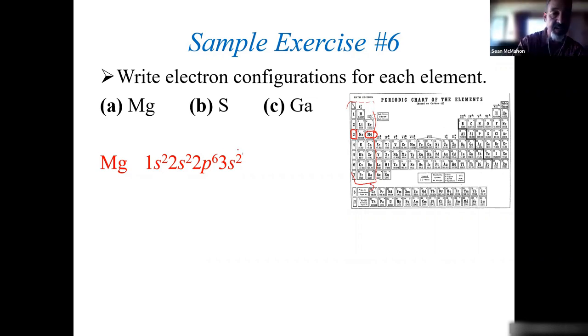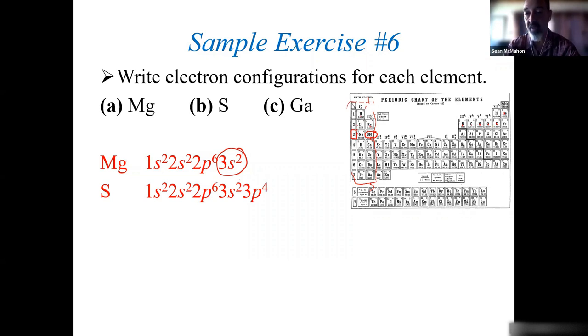So the last electron is a 3s2. But how did I fill it up? I had 1s1, 1s2, 2s1, 2s2, 2p1, 2p2, 2p3, 2p4, 2p5, 2p6, 3s1, 3s2. So I can look at where it's located and figure it out.